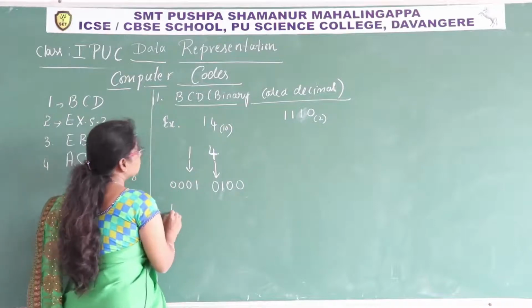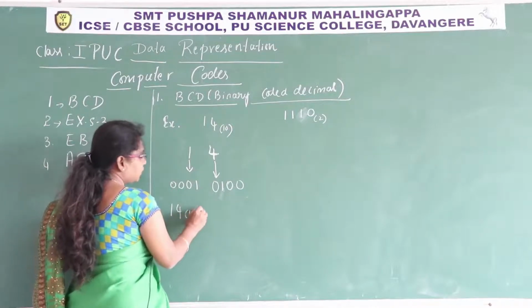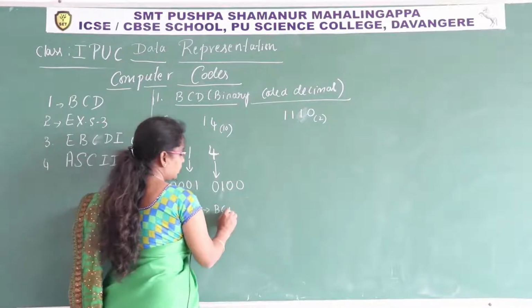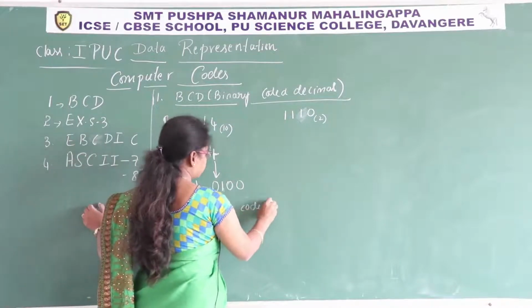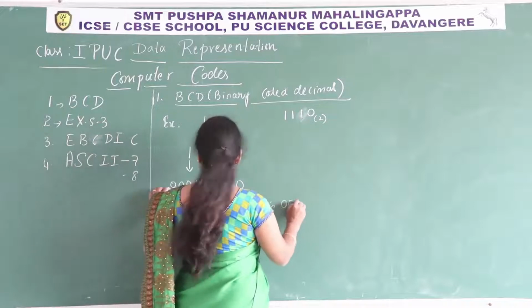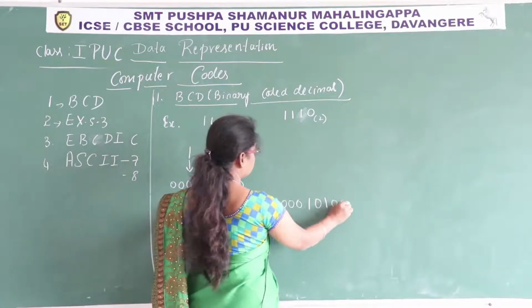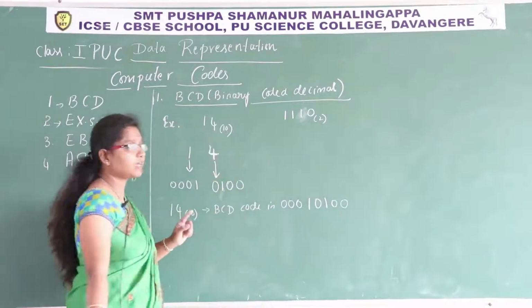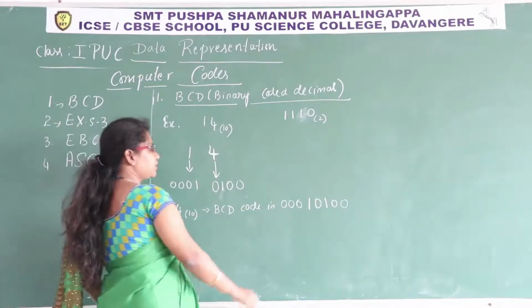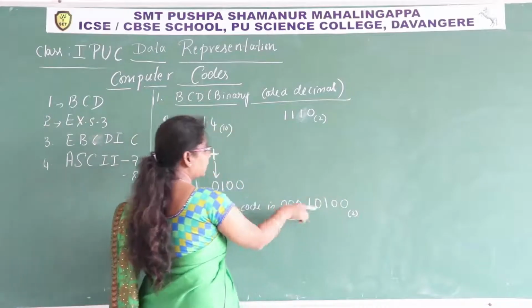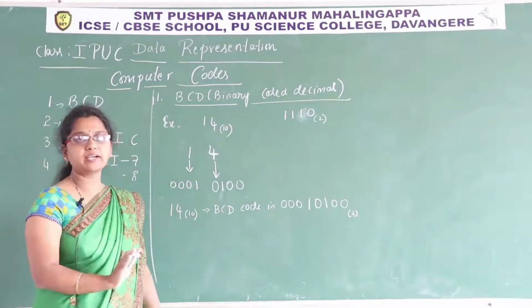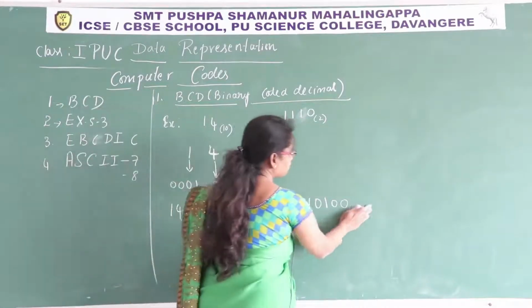So for 14, the BCD code is 0001 0100. You should not write base 2. If you write base 2, it becomes the binary conversion of the given number. It is not a binary conversion, it is a binary code, binary coded decimal.